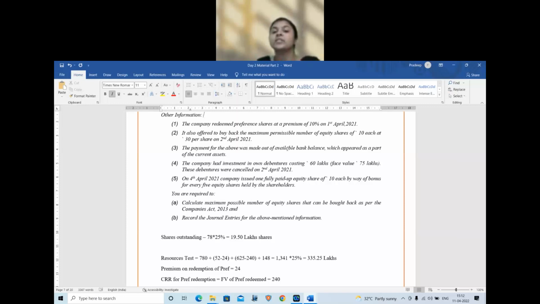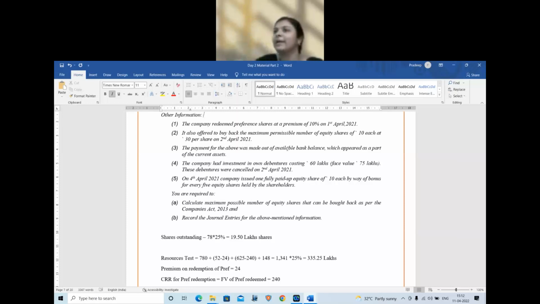The crux here is to understand the tests. Any doubt in the tests and calculation of the formulae? This is one question which was asked in one of your exams, I believe, for 10 marks, where the major weightage was given for debt equity ratio and the resources test. For the test, we need to consider the preference redemption point.